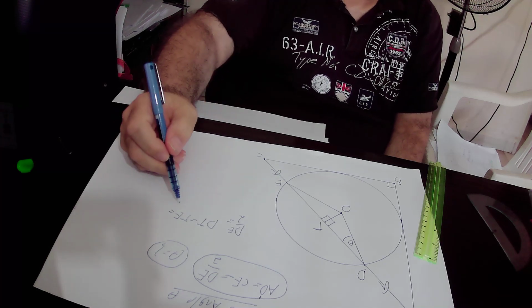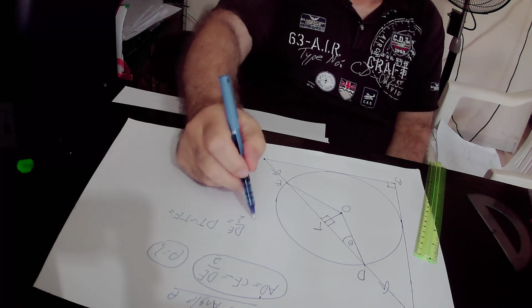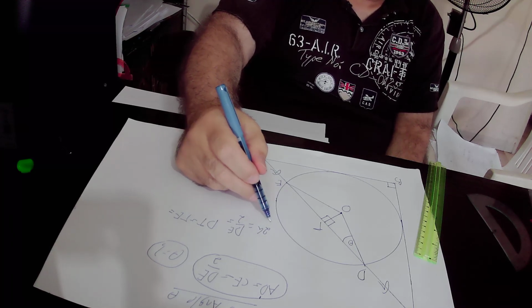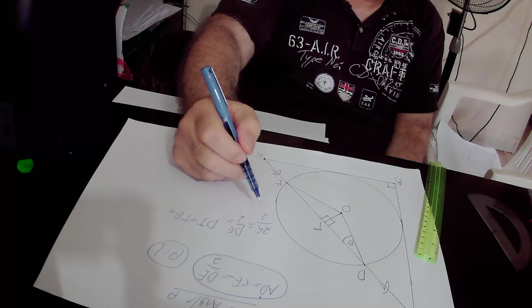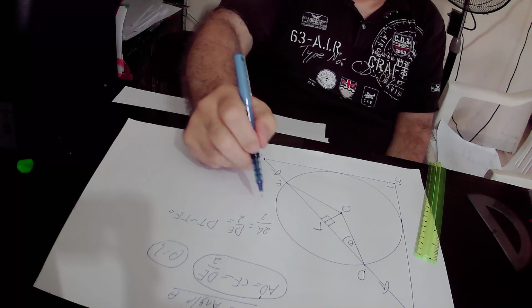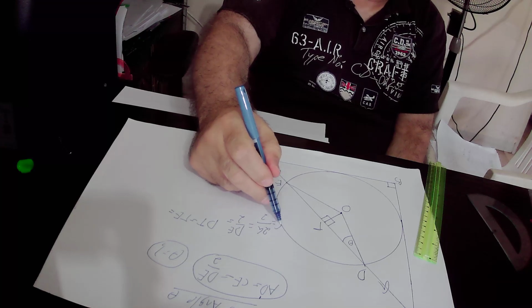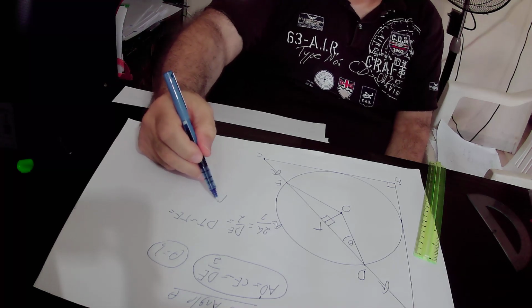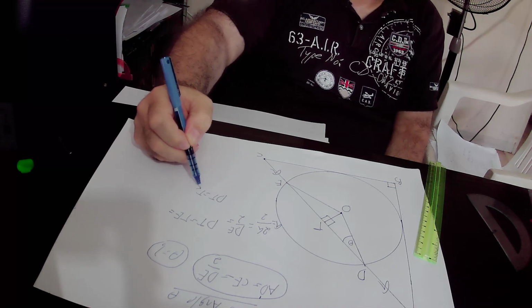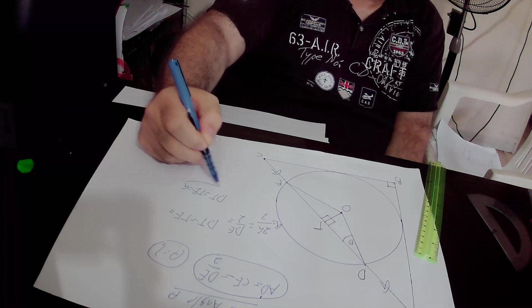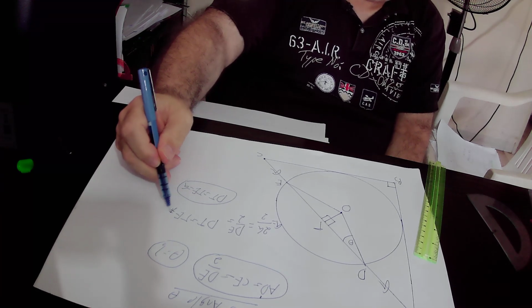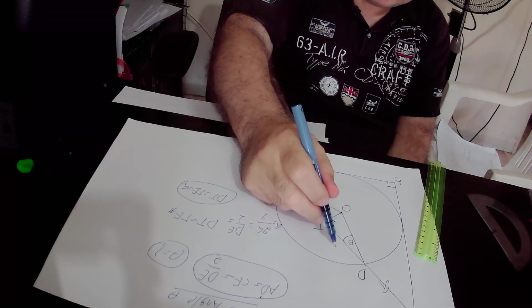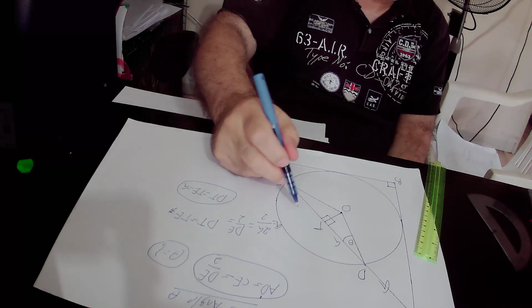But according to our definition, DE equals 2A, so DE over 2 is equal to 2A over 2, which is A. So in conclusion, DT equals TE equals A. So DT equals A, and TE is also equal to A.